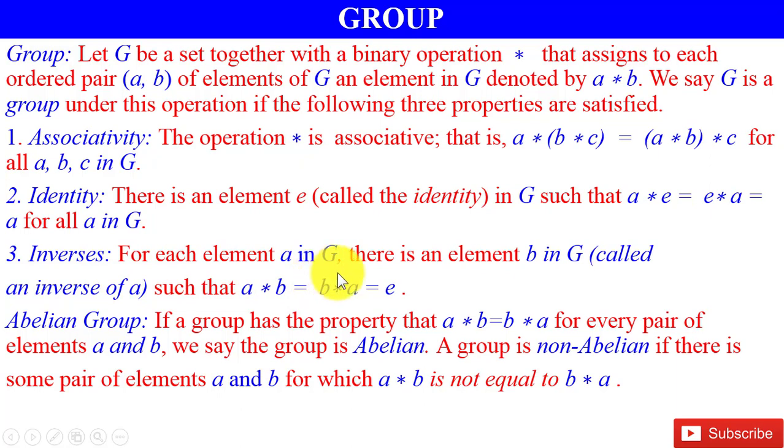For each element a in G, there is an element b in G called an inverse of a, such that a star b is equal to b star a is equal to e.